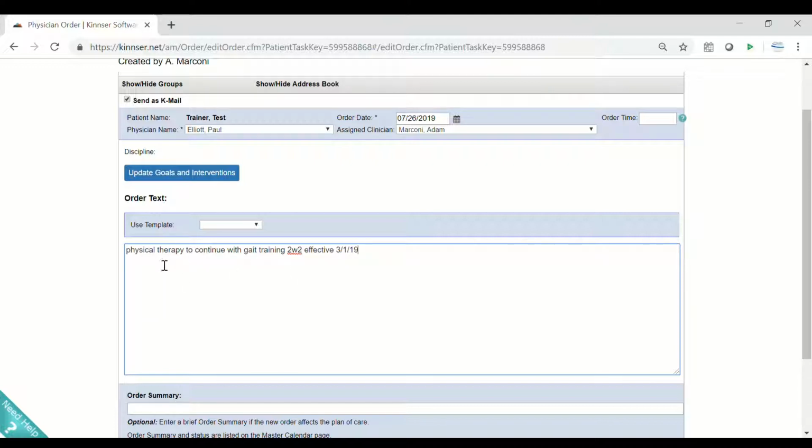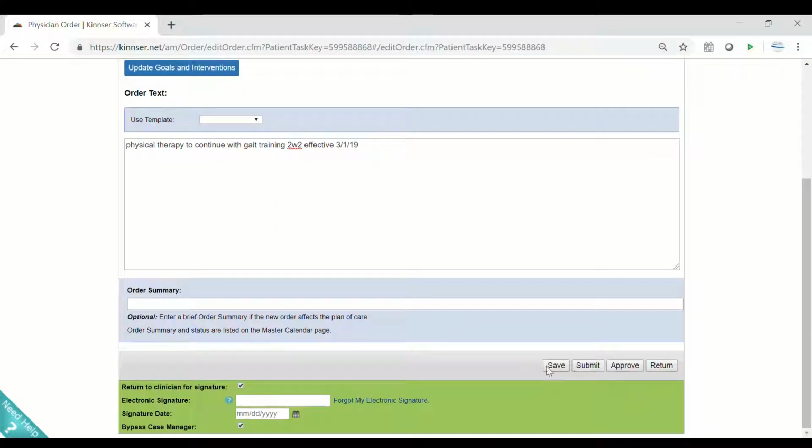I have the component of who's doing it, the type of intervention, the frequency and duration, and the patient's name would be associated with this, so you have all the components there. And if I could call the doctor's office, I can put even a time there, and I can hit submit.